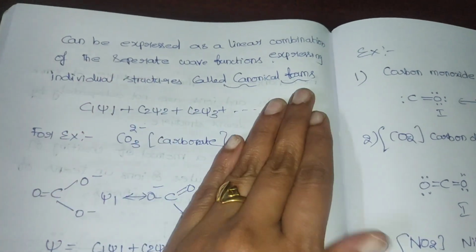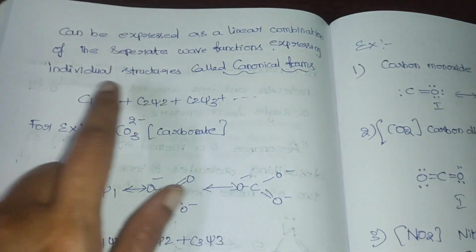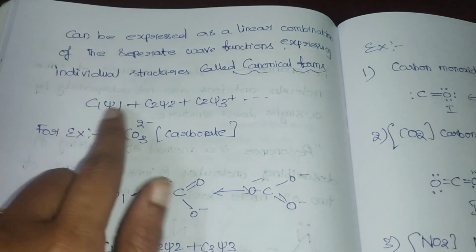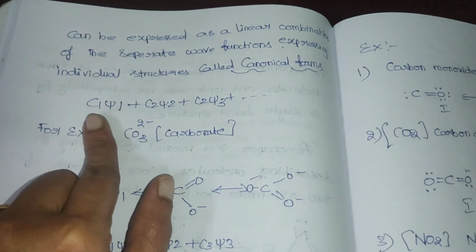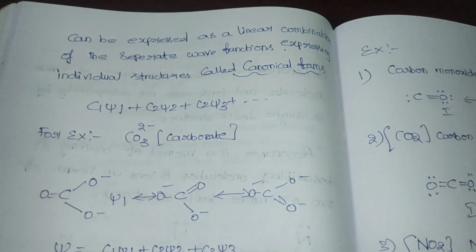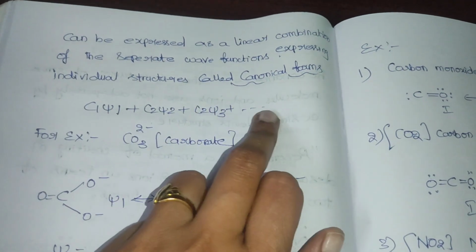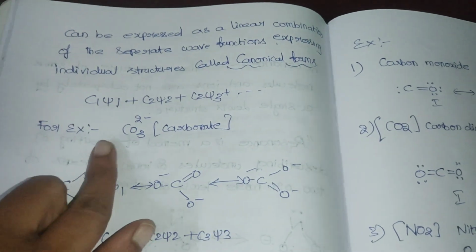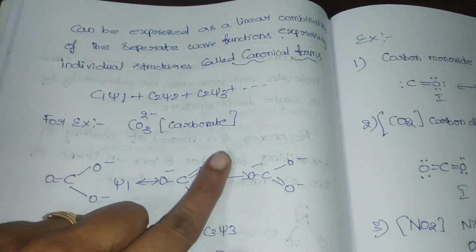For example, we can write the canonical forms as C1 Psi1 plus C2 Psi2 plus C3 Psi3, and so on. How many resonance structures it takes, that many terms. For example, if we take CO3 2-, the carbonate ion.